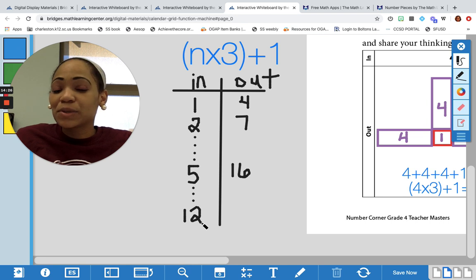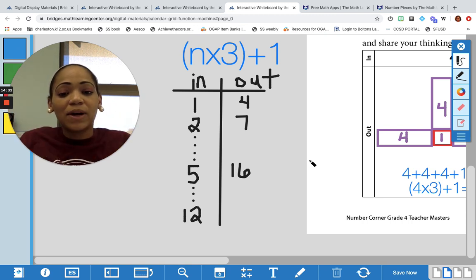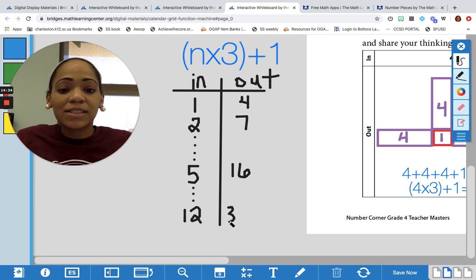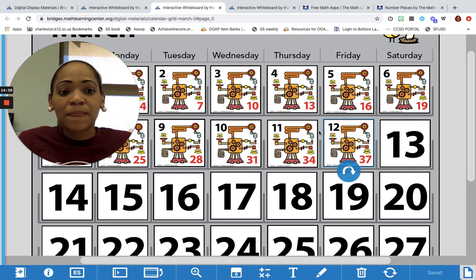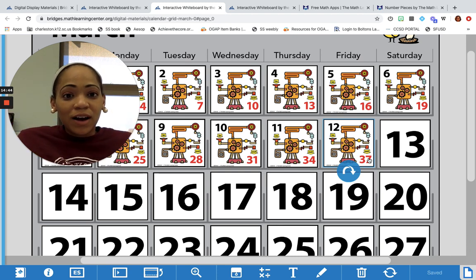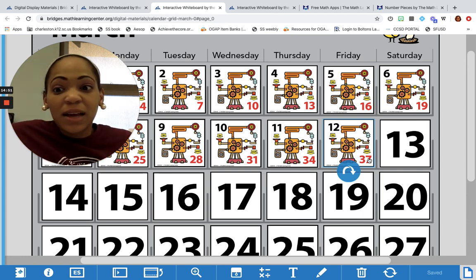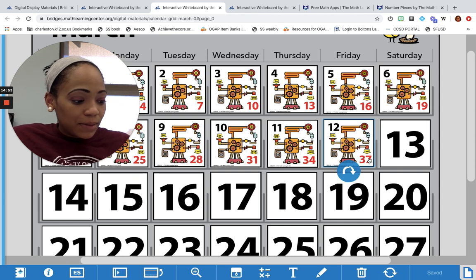Good. 12 times 3 is 36, and then we still have to add 1. So we'd have 12 on each arm, and then that 1 in the middle. So we have 37. Let's check for today's calendar marker. Oh my gosh, it works. Our expression that's happening in our function machine this month is n times 3 plus 1.